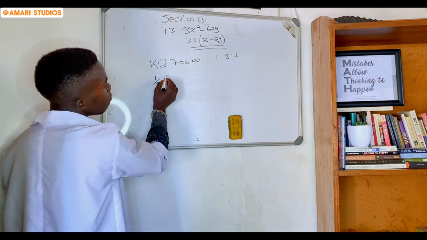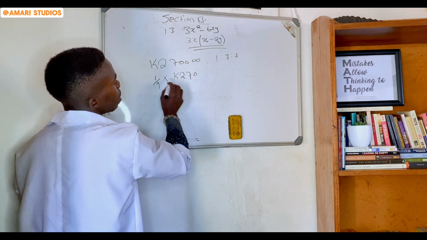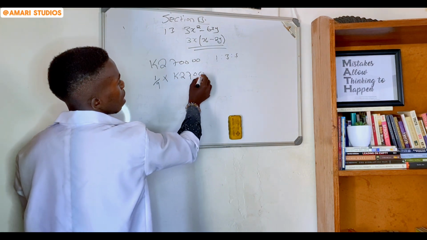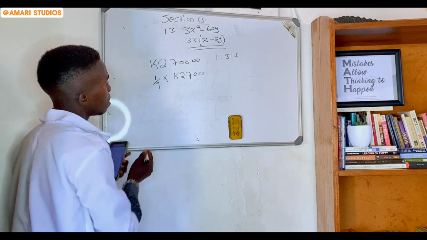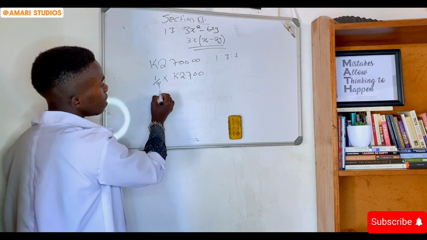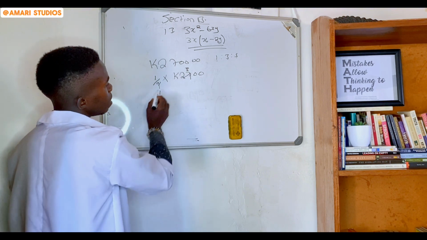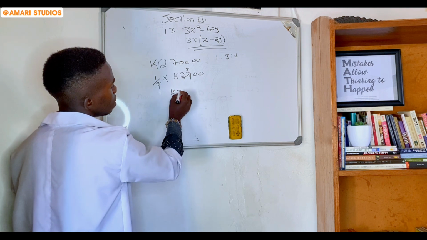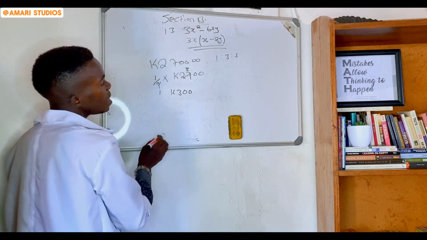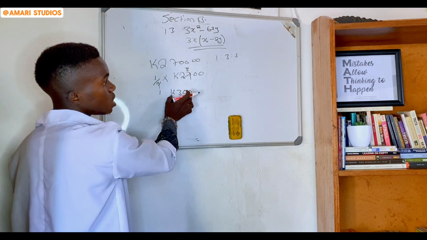So it will be 1 over 9 multiplied by the total share, which is 2,700. Now we're going to multiply. 9 in here, it's 1. 9 in 27, it is actually 3 there. So 1 times 3 is going to give us 300 kwacha. So meaning that the first girl got the share of 300 kwacha.